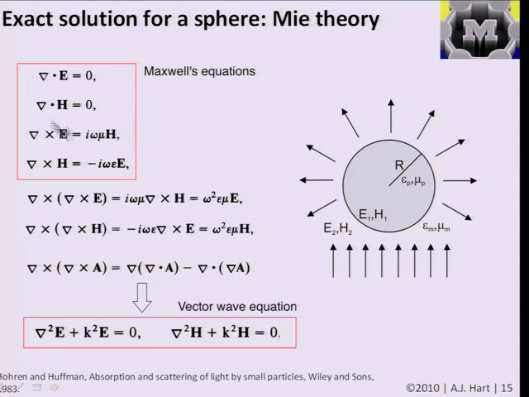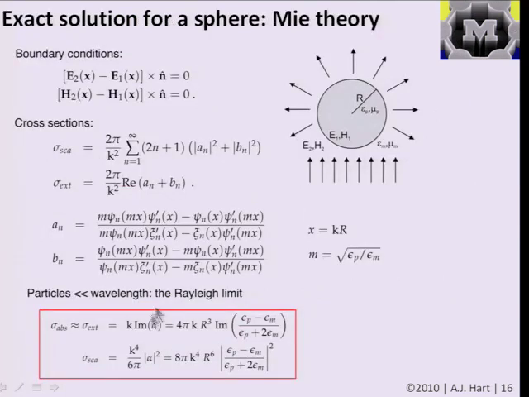If you take Maxwell's equations and you take the curl of these bottom two terms, and then apply a vector identity, you get these two wave equations for the electric and the magnetic field. So this is a vector wave equation. It has answers in all directions. And you can apply boundary conditions at the sphere surface where you require that the tangential components be 0.